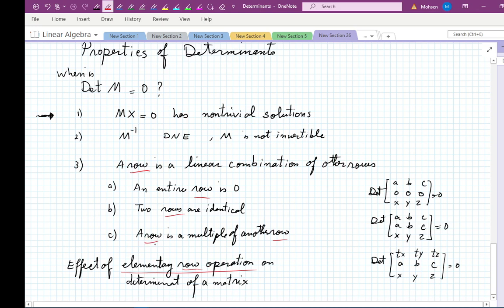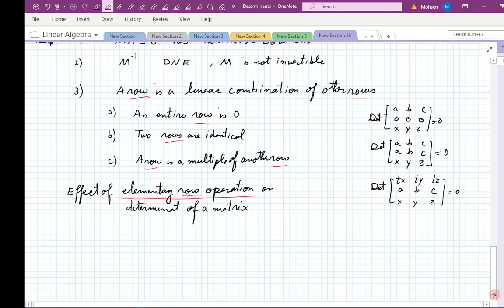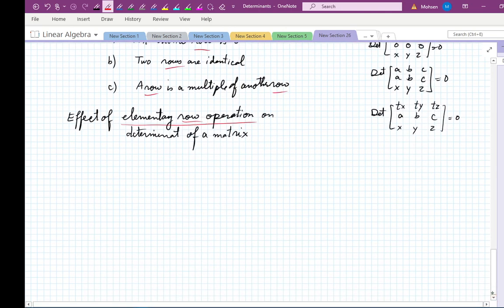You have to replace all the rows with columns, and the statement is still true, so I am not going to be repeating myself. A column is a linear combination of other columns. There's no real difference between rows and columns.